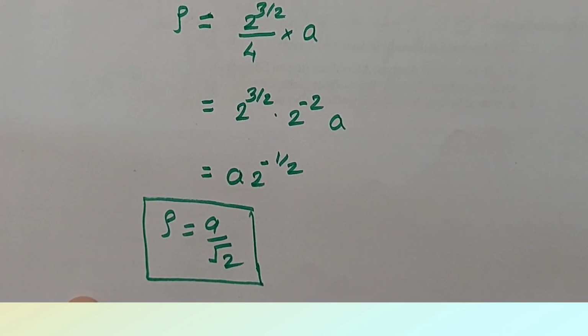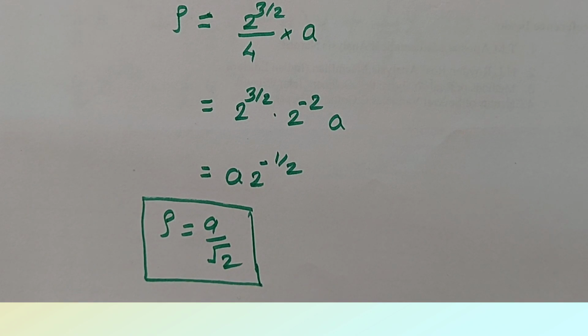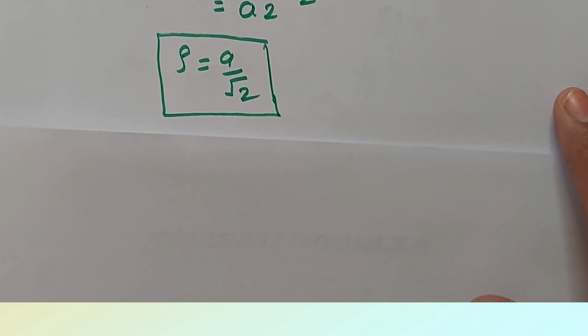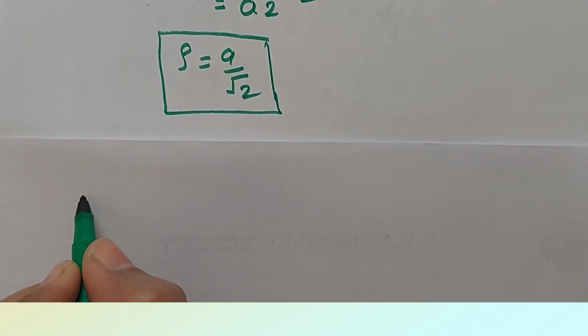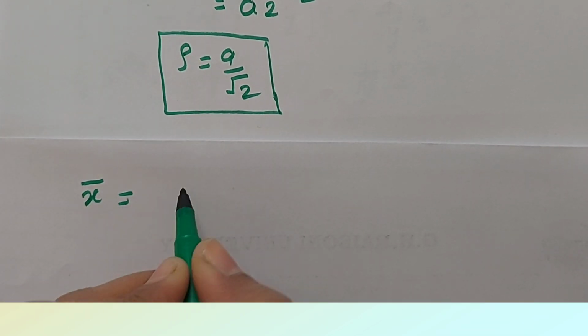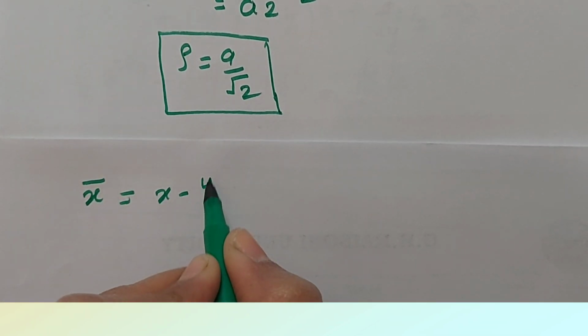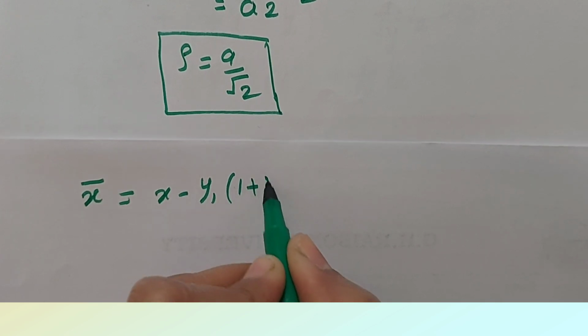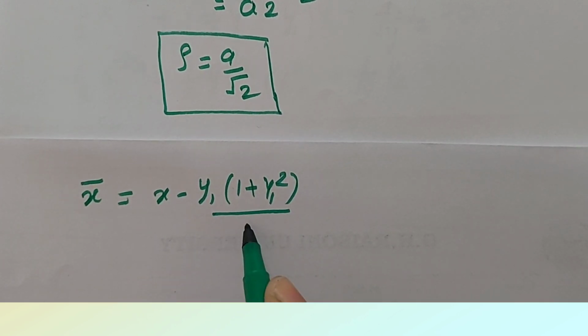But we want to find circle of curvature, that means we have to find center of curvature also. So after finding radius of curvature, we find x bar is equals to, and the formula is x minus y1 in bracket 1 plus y1 square divided by y2.